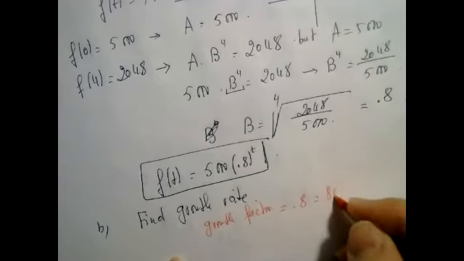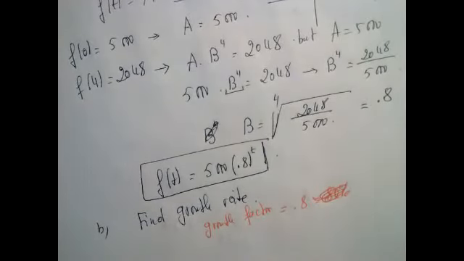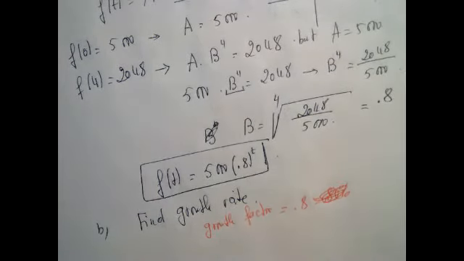That's the growth factor, which is 0.8. I want the growth rate. 0.8 tells me that every year the population is 80% of the year before it. I want by which rate it decreases.